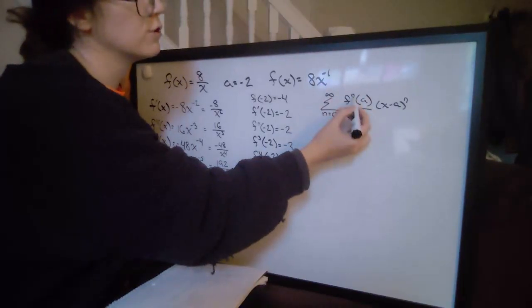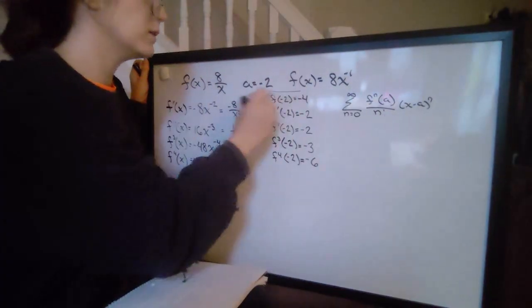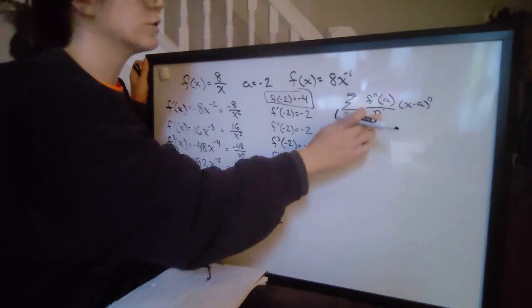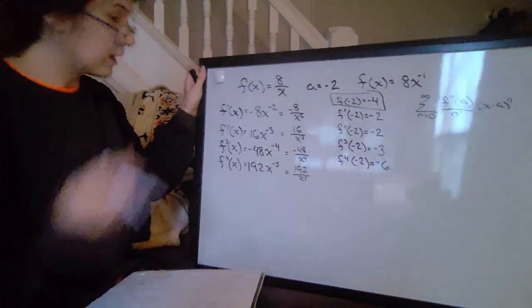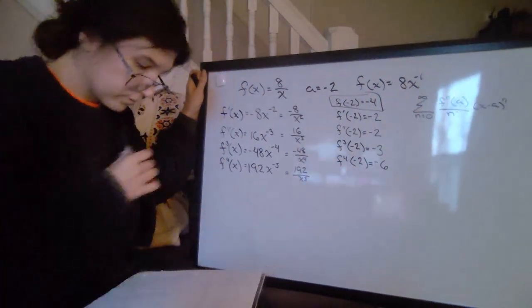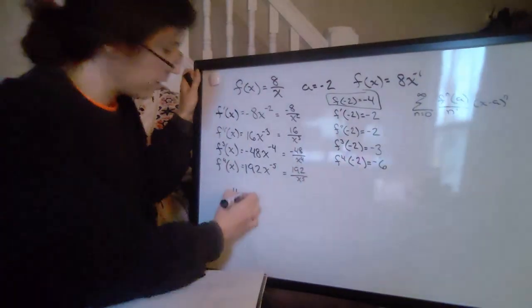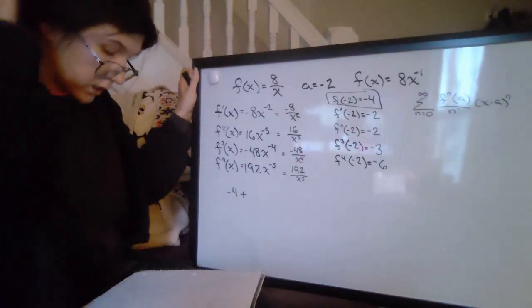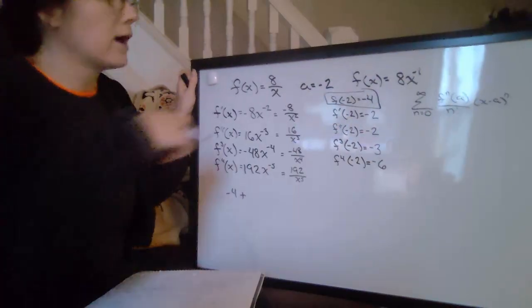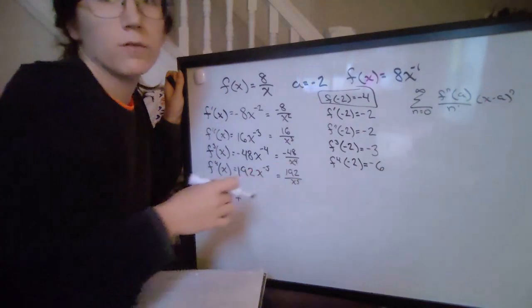So our 0th derivative is going to be our original equation with a plugged in, and we are just going to divide by 1 and multiply by 1. So we actually are just going to have -4. Then these are all going to be summed, so these are all going to be plus each other. Then we are going to have our first derivative, so n is going to be 1 for all of these values.